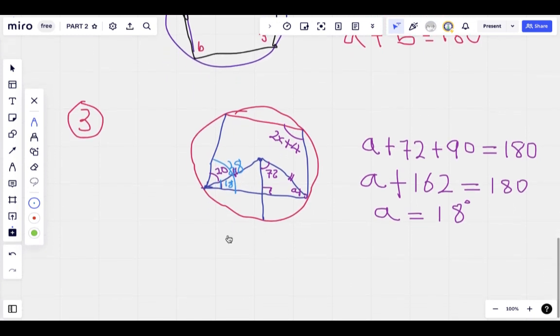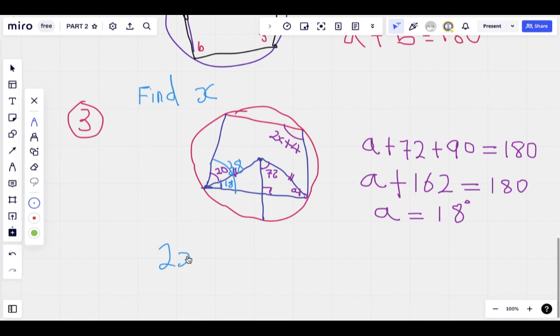So to find x, remember the question wants us to find x. And x is here, 2x plus 4 is here together. They say find x. So what should we do? You remember the law that we've just learned. The law says, if you want to find x, in a cyclic quadrilateral, when you add them together, you equate them to 180.